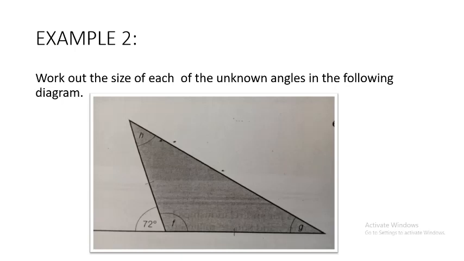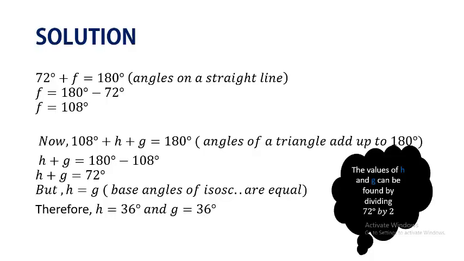Now we know the size of angle f. So this one will help us to find the angle of h and g. Okay. Now we are going to say 108 degrees plus h plus g is equal to 180 degrees. Why? Angles of a triangle add up to 180 degrees.